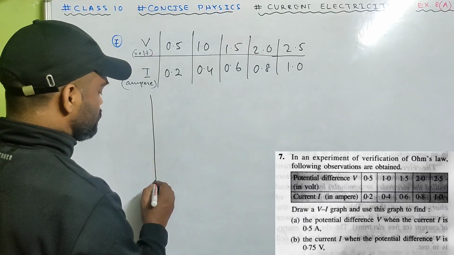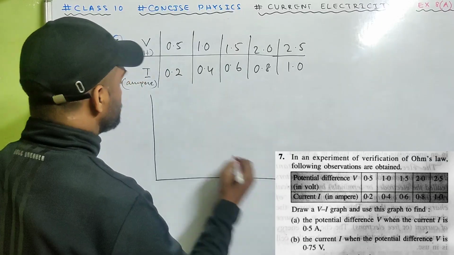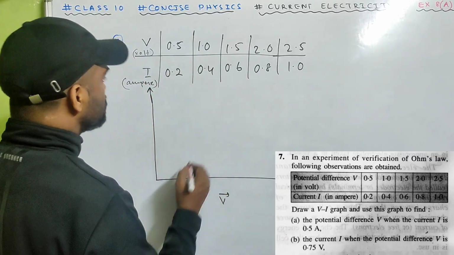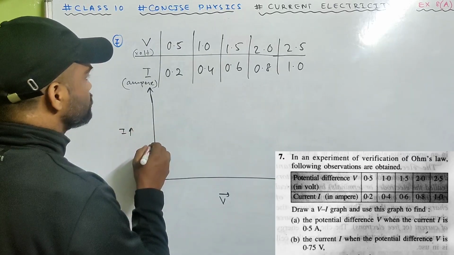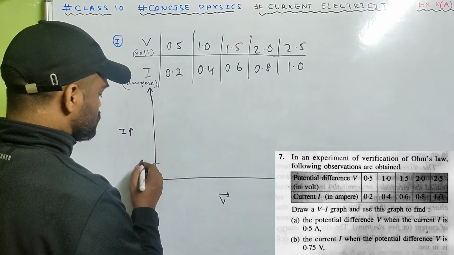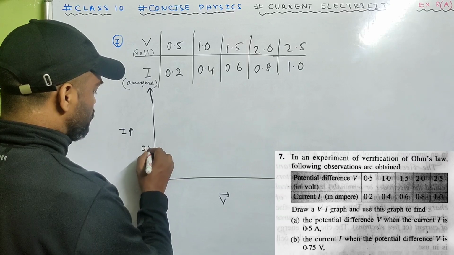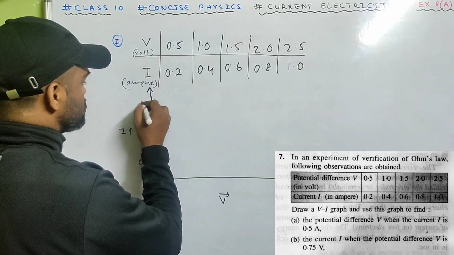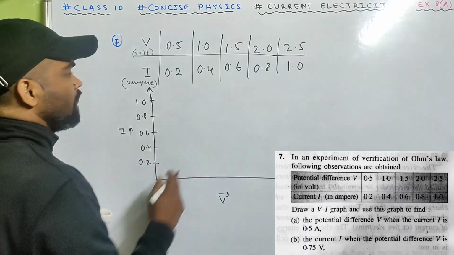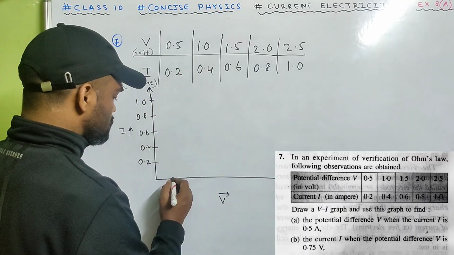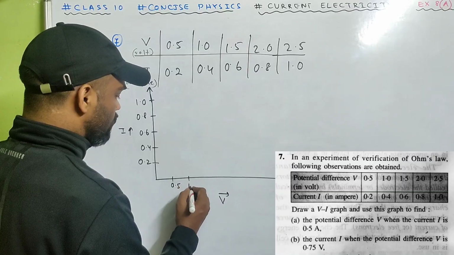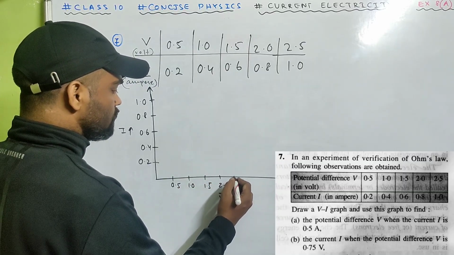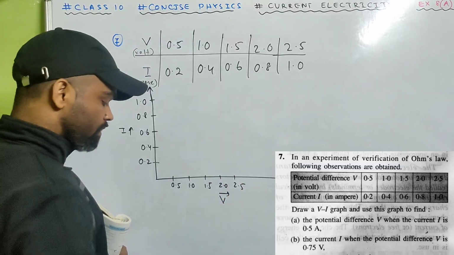Now suppose we draw these axes. This is your x-axis, this is your y-axis. We'll take this as potential difference and this is current. Now current, suppose this is 0.2, 0.4, 0.6, 0.8 and this is 1.0. And this is V, 0.5, 1.0, 1.5, 2.0, 2.5.